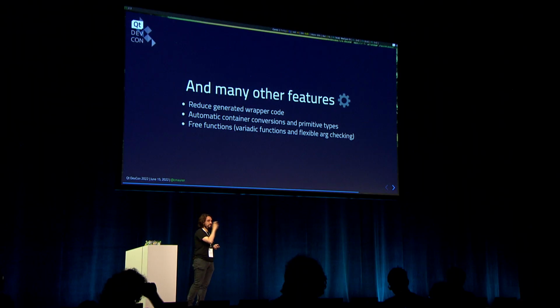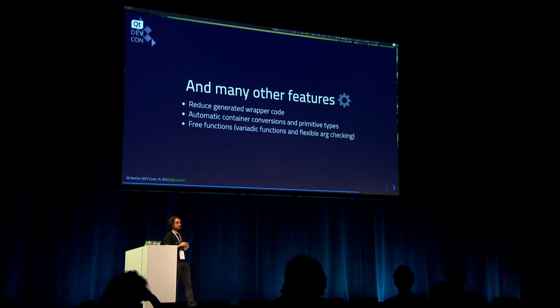And what else? There are many things that have been happening in Shiboken as well. As I said, this was intended just to help us, but as soon as we started to get feedback from people using it, among them many folks at QtDev, who have been sending us feedback and patches and many other things, we have been doing many things. The first one, for example, is to reduce the amount of code that we have in these wrappers.